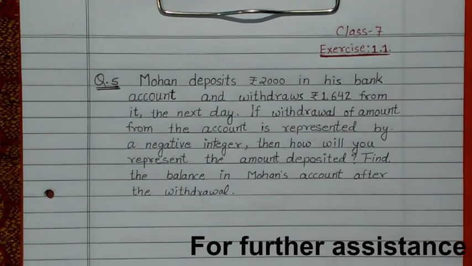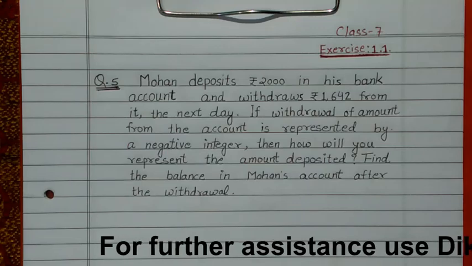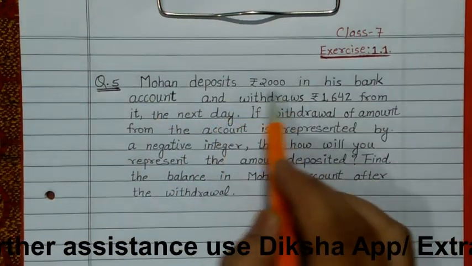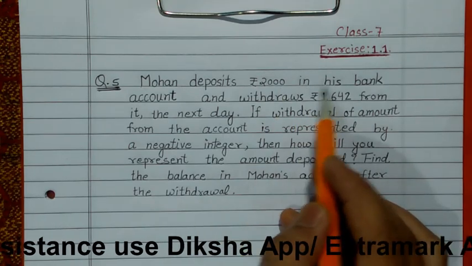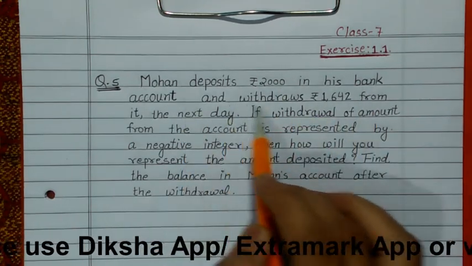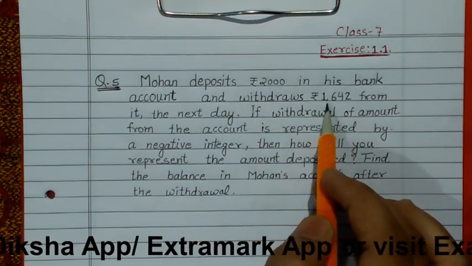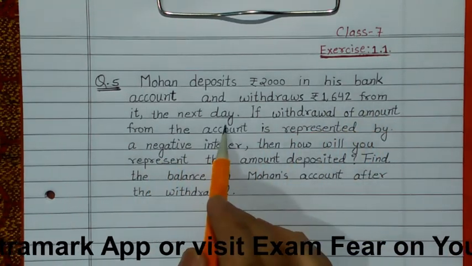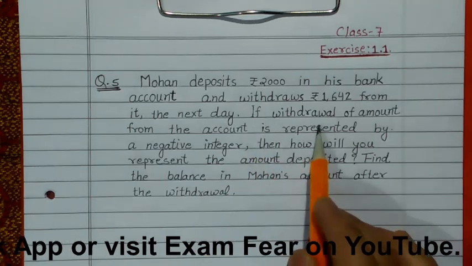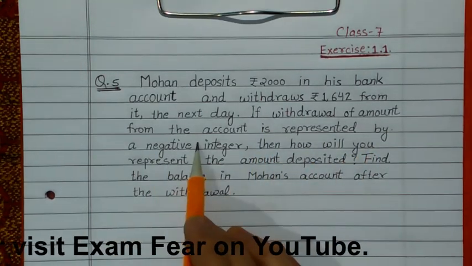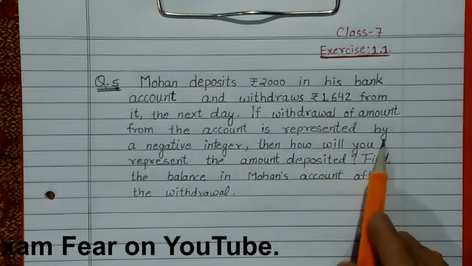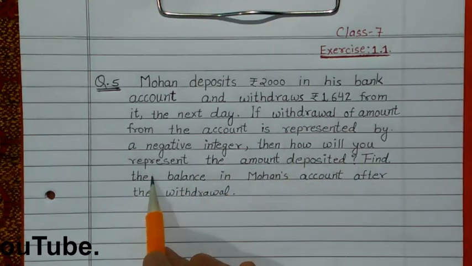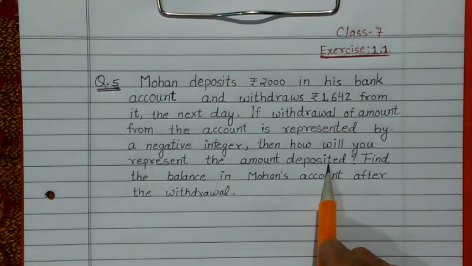question number 5. Question number 5 is: Mohan deposits rupees 2000 in his bank account and withdraws rupees 1642 the next day. If withdrawal of amount from the account is represented by a negative integer, then how will you represent the amount deposited?